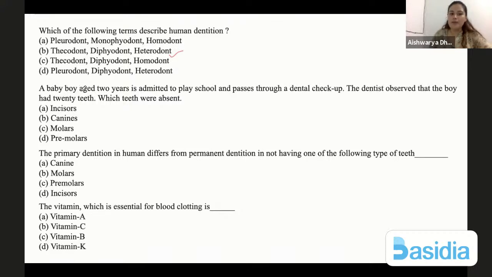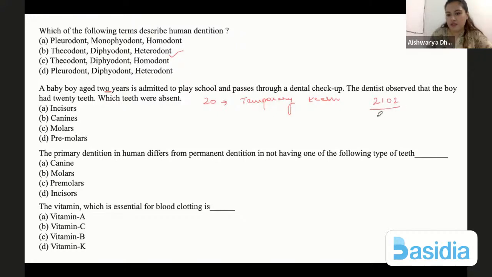Okay. A baby boy aged 2 years is admitted to play school and passes through a dental checkup. The dentist observed that the boy had 20 teeth. So we are talking about temporary set of teeth. So I told you in the temporary set of teeth, we had discussed the dental formula.